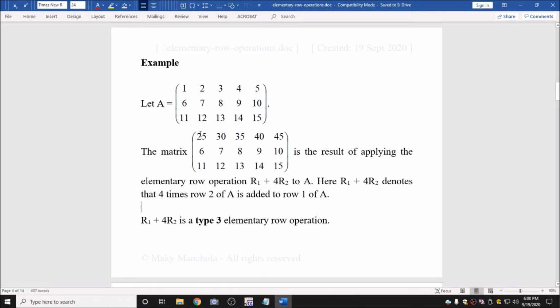The matrix 25, 30, 35, 40, 45, first row, 6, 7, 8, 9, 10, second row, 11, 12, 13, 14, 15, third row, is the result of applying the elementary row operation R1 plus 4R2 to A. Observe that our first row of the matrix is the same as the original row 1 added to 4 times row 2. Let's look at that right now.